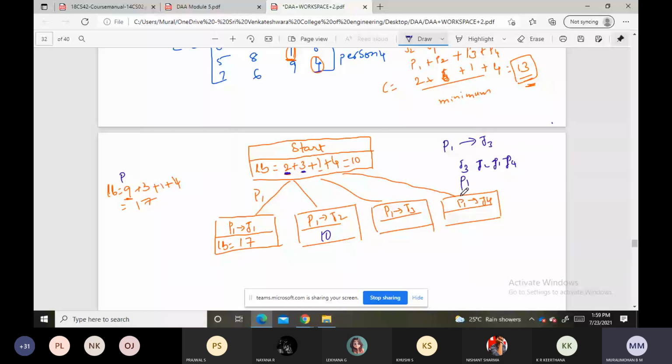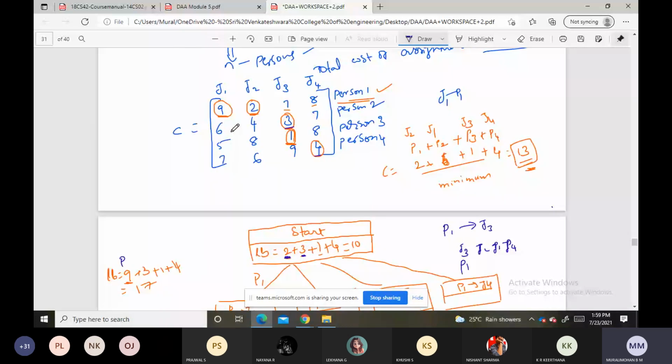For person 2, we cannot assign job 3, because it is already assigned for person 1. So for person 2, the minimum we can assign is 4, that is job 2. Job 2 can be assigned for person 2.